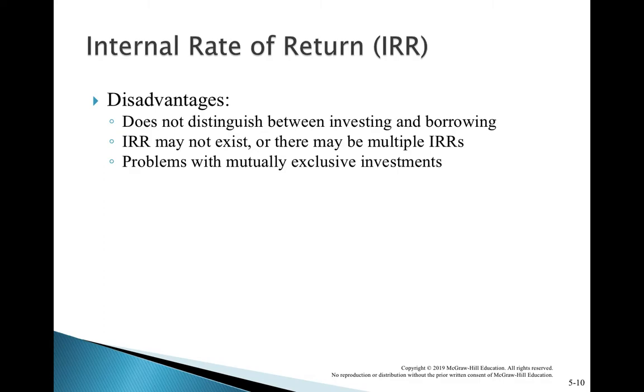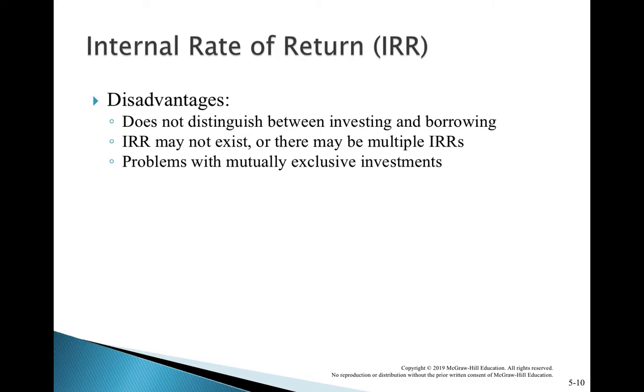Problems with mutually exclusive investments. If you have investments which are mutually exclusive to each other, for example project A and project B, accept A, automatically reject B. Accept B, automatically reject project A. One accepted, the other automatically rejected is called mutually exclusive investments.